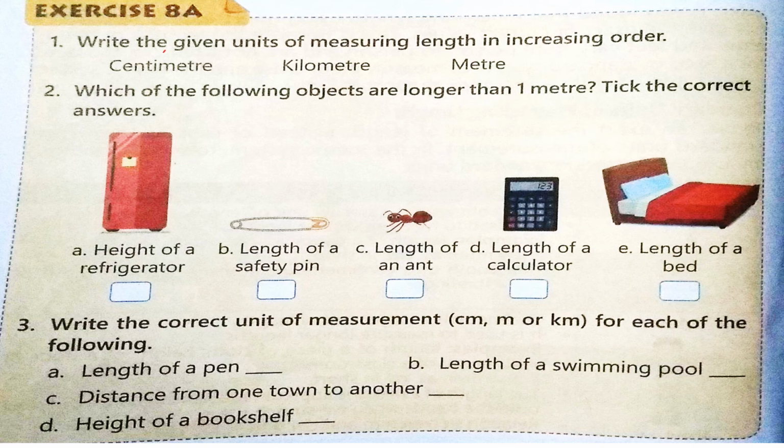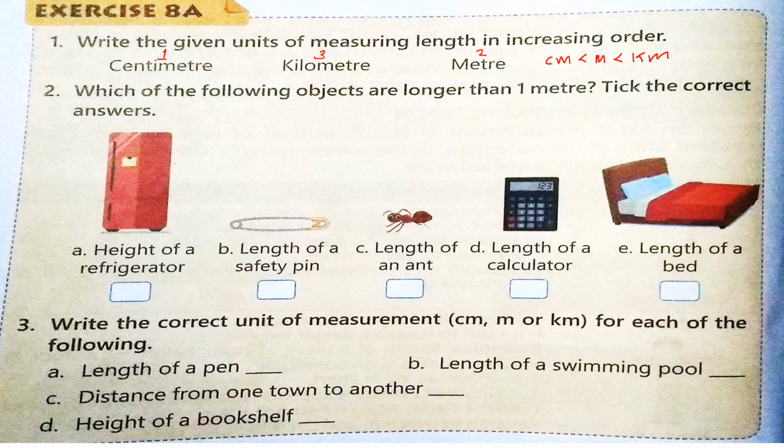Then kilometer is the larger one. That is, 2 is meter and 3 is kilometer. Got it? So cm is smaller than m and m is smaller than km. That is centimeter, meter and kilometer.